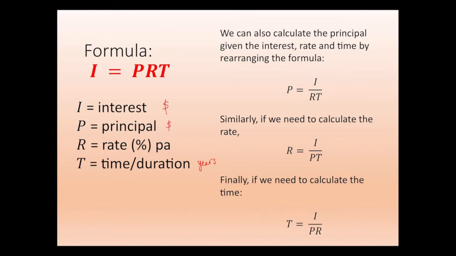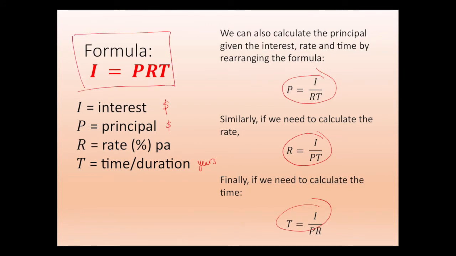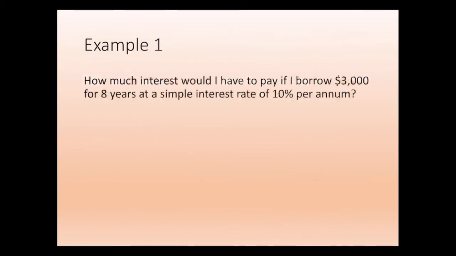And if we need to calculate the time, we can use the information given by the interest, principal, and rate. So these are all rearrangements of the original formula, I equals PRT. This is the most important one for you to know.